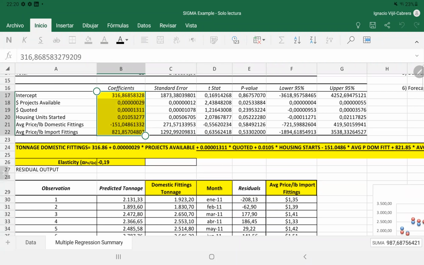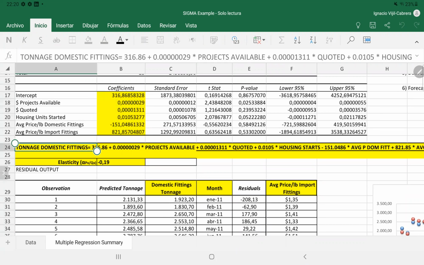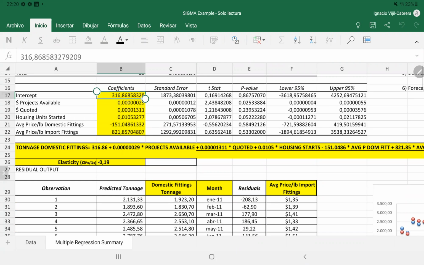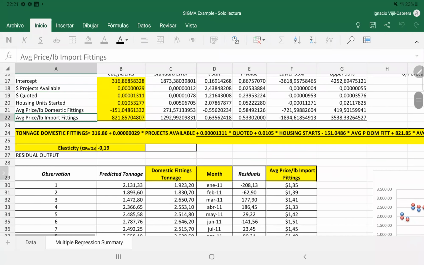Q, the tonnage of domestic fittings, is 316.86 plus this number times projects available, plus this number times dollars quoted, plus this number times housing units, minus this number times the price of domestic, plus this number times the average price of import.